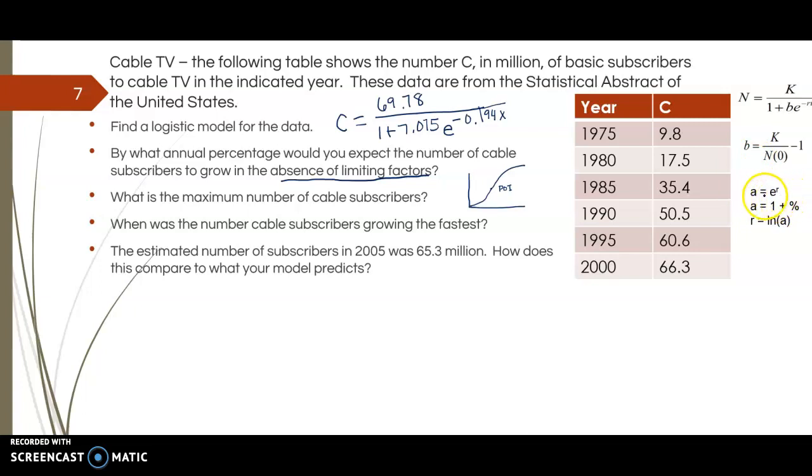What I see here is if I can figure out A, then I can separate the 1 and have the percent. In order to figure out A, I need to take e to the r power. Notice that the exponent here is not negative. So A is equal to e, and my exponent is 0.194.